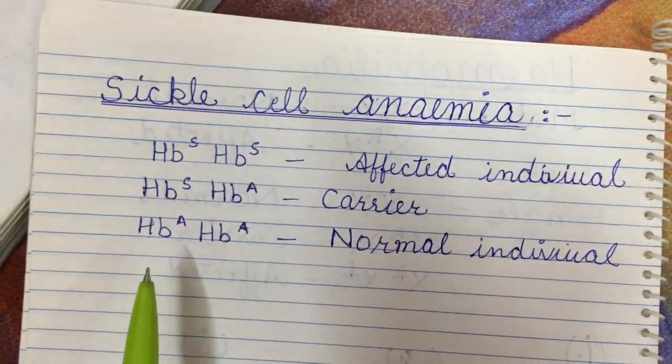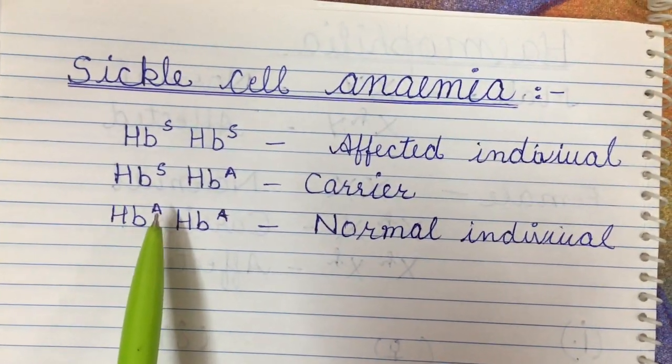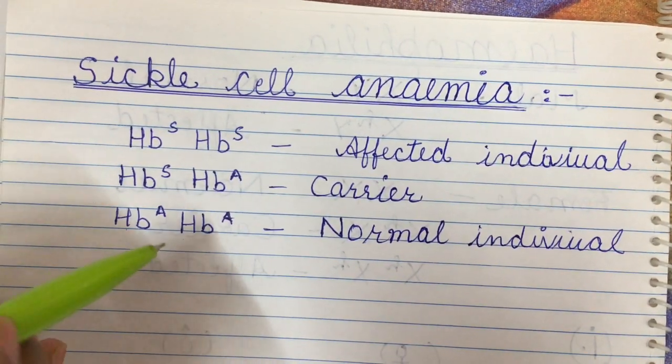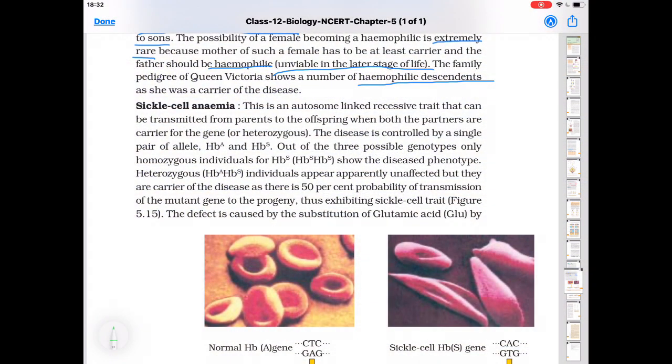HbA means normal individual. It is an autosomal recessive trait. This trait is transmitted from parents to offspring when both the partners are at least carriers for the gene.